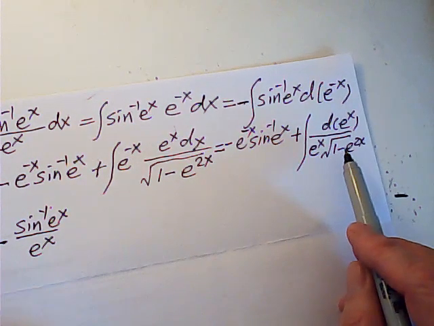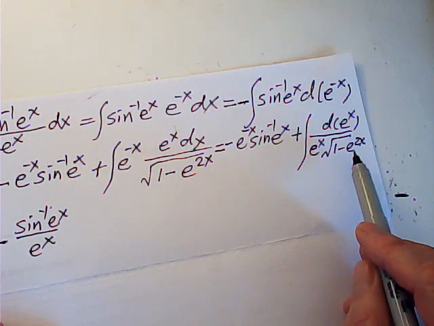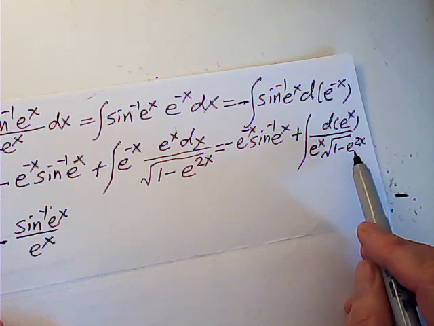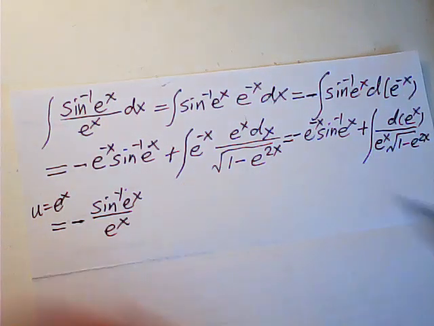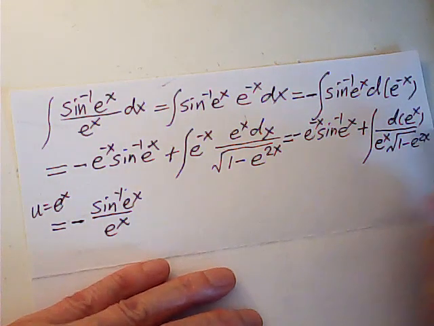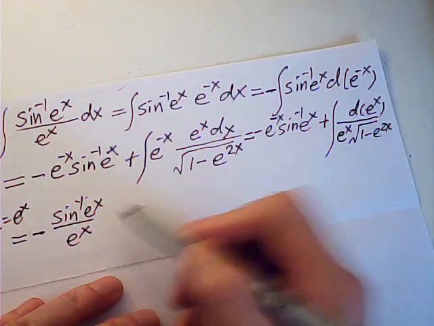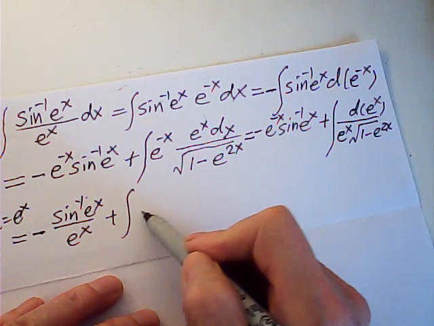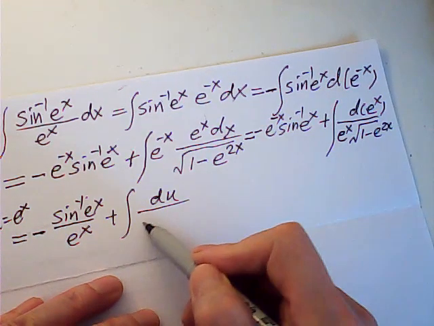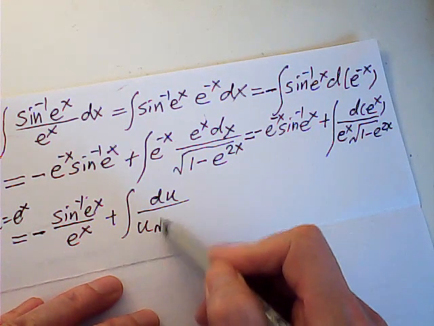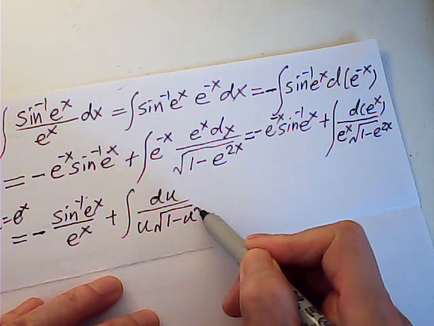No, not by parts. Rather, let u be e to the x. So this integral using substitution, plus integral du over u times the square root of 1 minus u squared.